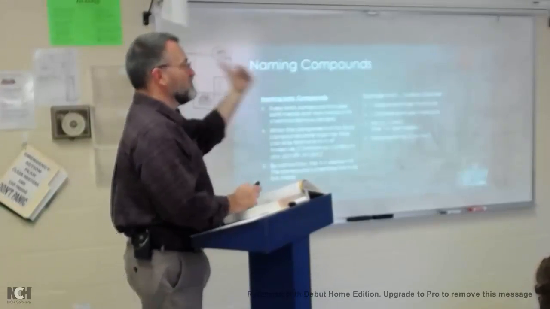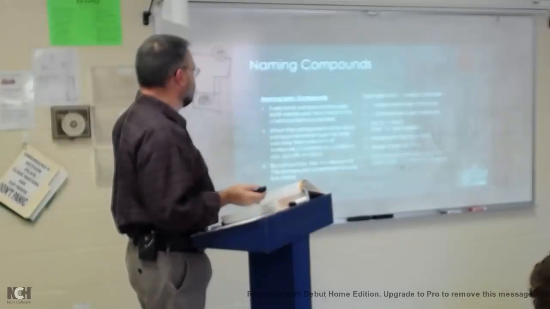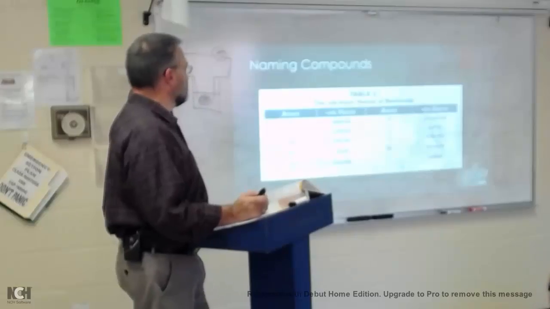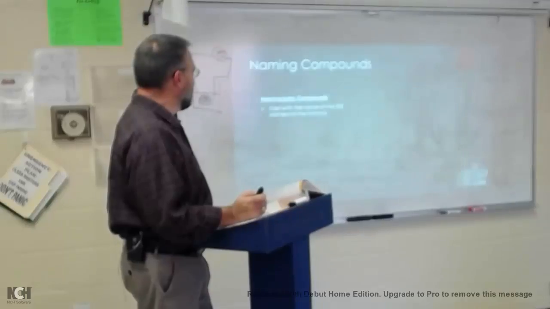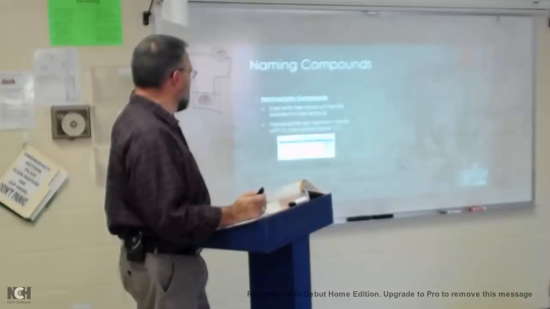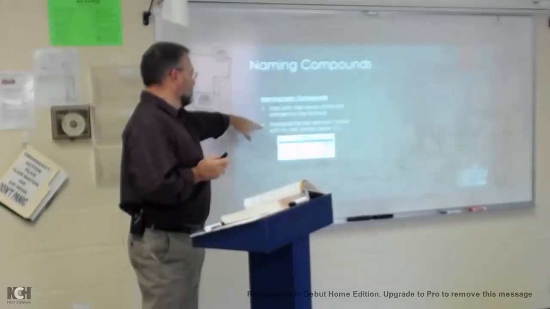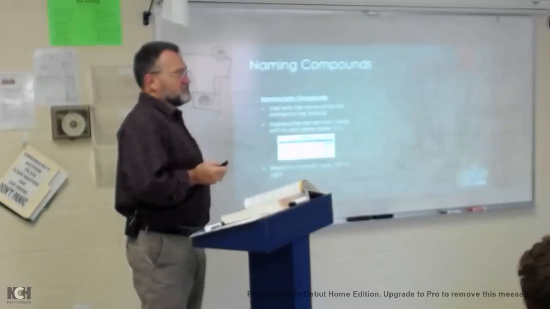The nonmetal trails and gets its ide name, from the table in your book. So we start with the metal, replace the last element with the ide name, and then just read them in order left to right.